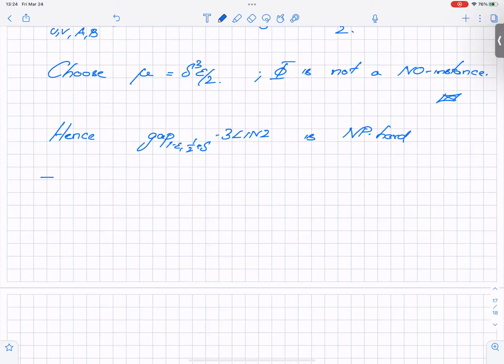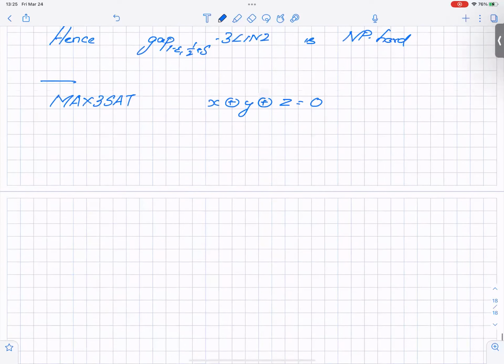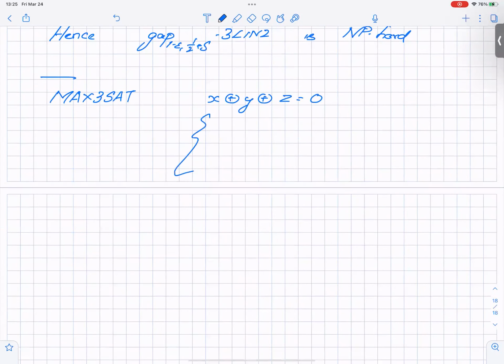Now to go to max 3 sat. So just the reduction, if you have X or Y or Z equals B. So let's just look at it as 0. You should get 7 by 8. Yeah, but wait. I can write this as X or Y or Z equals X also, this is what I want to write. The parity, yes.